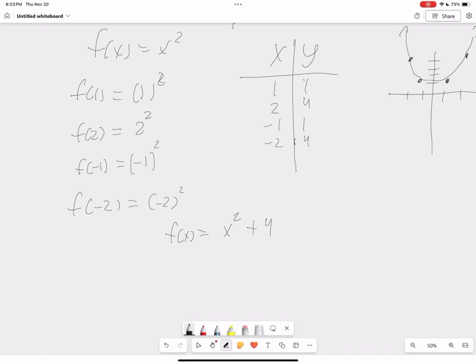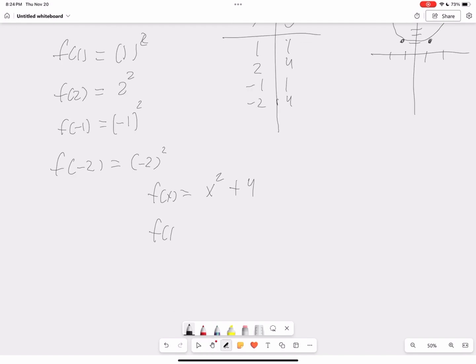So any value we add, we just add 4 to it. But if I had something like f of x equals negative (x minus 3) squared plus 2, how do you do this? I mean, you could plug in points, but it's a lot of algebra.